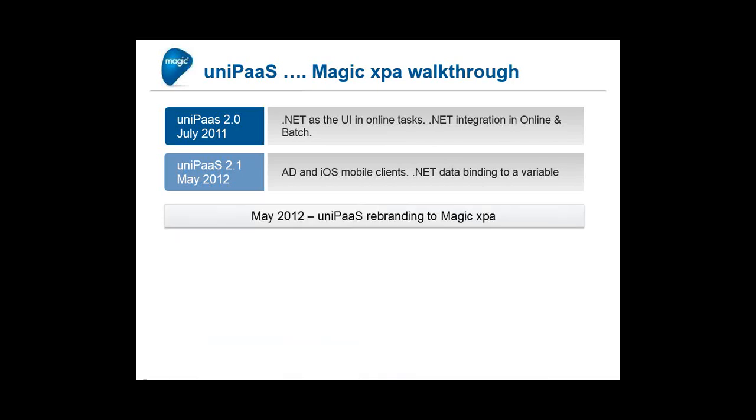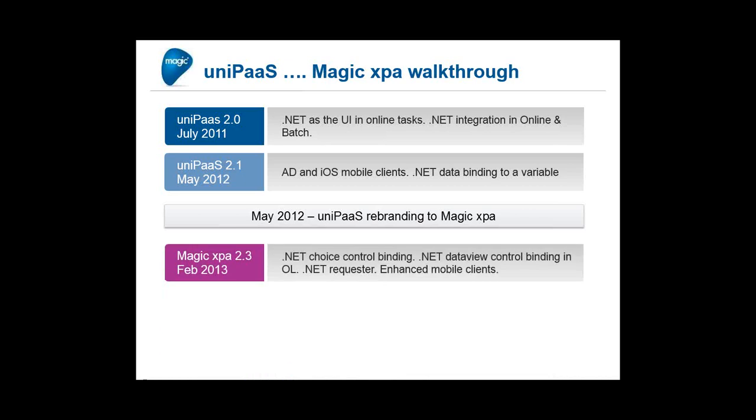Just a month after that, we actually rebranded our product line. Unipass was rebranded and renamed the Magic XPA. So this was an important step in the history of our tool. We came out in 2013 with Magic XPA 2.3, allowing some more capabilities with .NET binding.